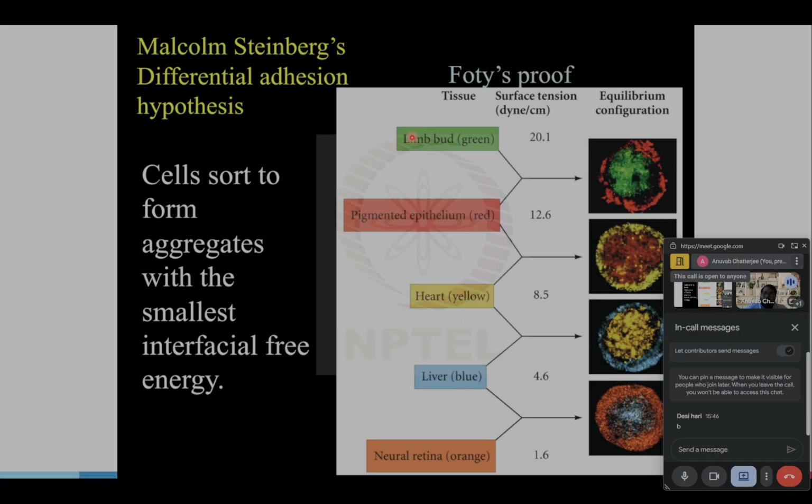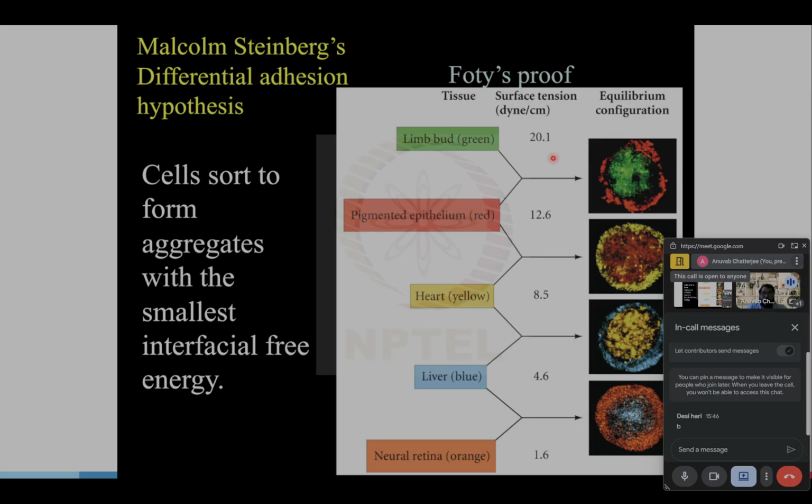It's the first example of cells sorting, and it tries to explain the phenomenon of cells sorting by themselves, which is Steinberg's differential adhesion hypothesis. He hypothesized that cells will sort spontaneously because the surface tension on the cells is different from each other.